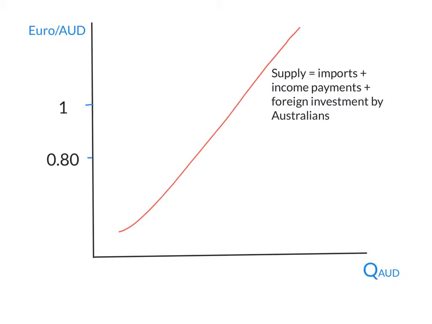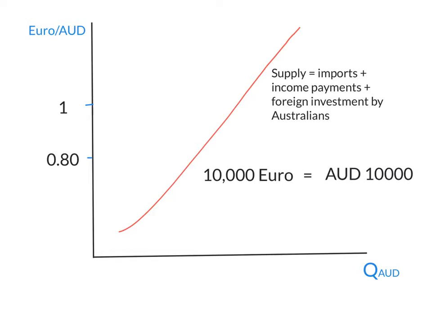What happens to the supply of Australian dollars for imports if the exchange rate goes from, say, 0.8 euro to the Australian dollar up to 1 euro to the Australian dollar? Well, suppose you want to buy a car. Let's say the car will cost 10,000 euro. You want to buy a car from Europe.